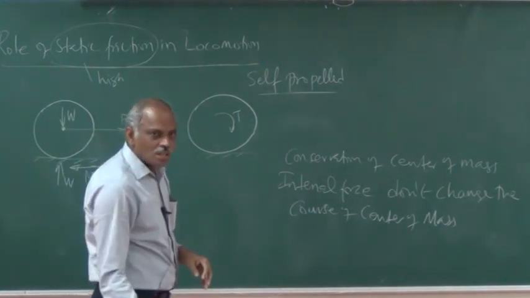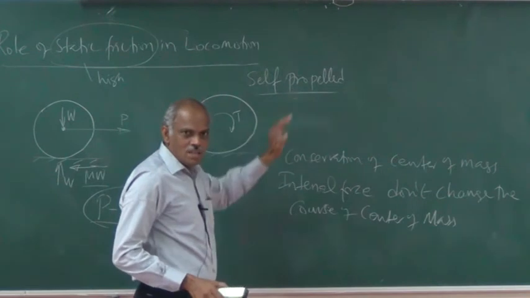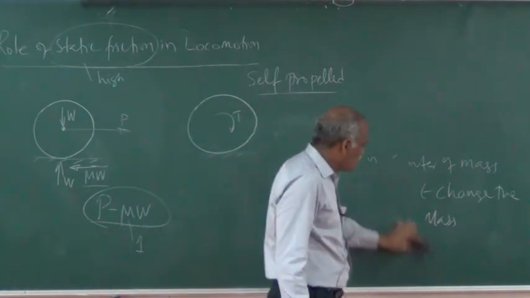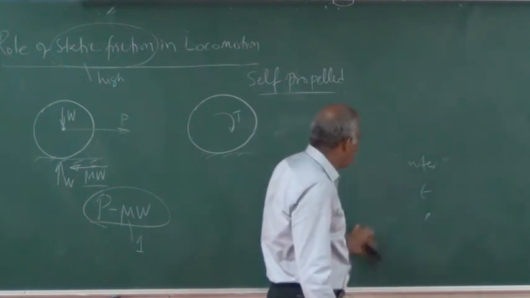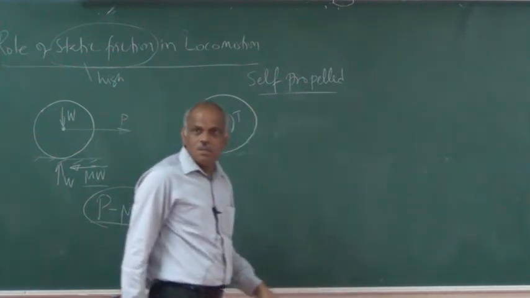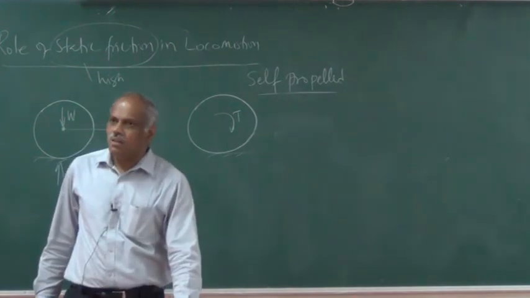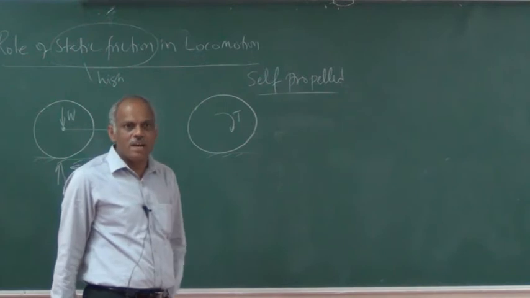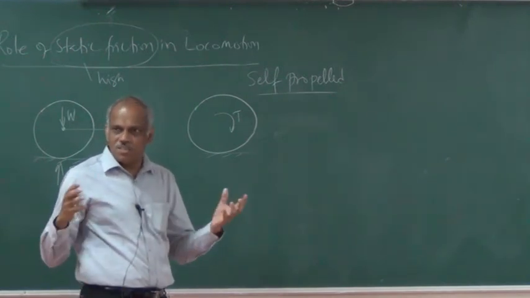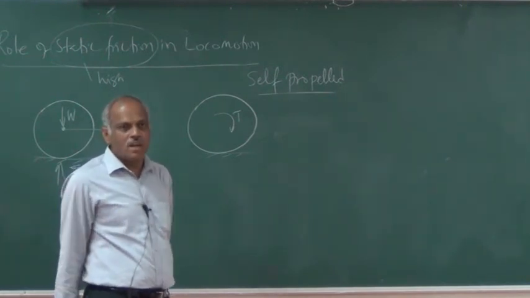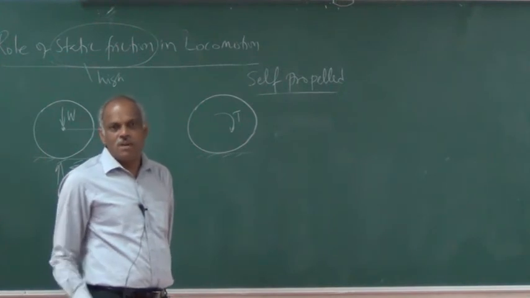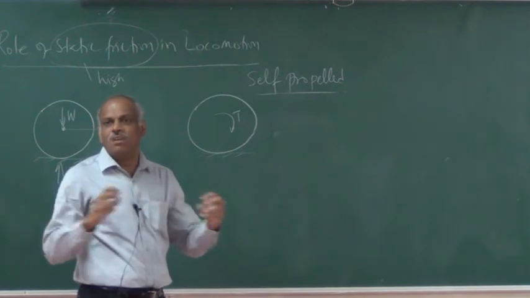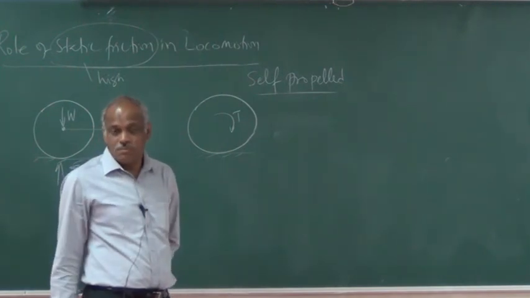So that is the case in an automobile, or any other self-propelled vehicle. Even if you take ships or aircraft, all of them are self-propelled vehicles. They have engines to produce something, but they all produce an internal force only. According to that, they will not move. But they are all moving.